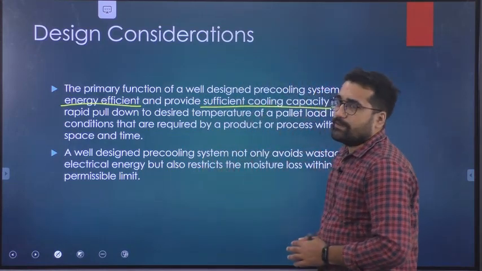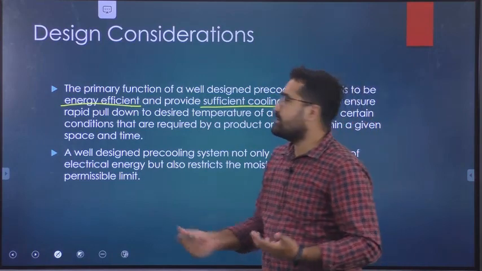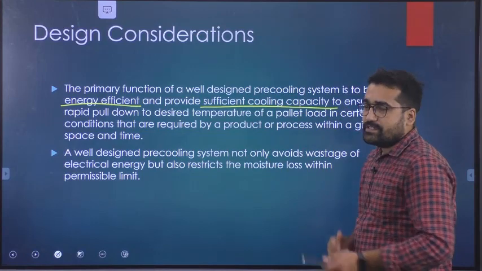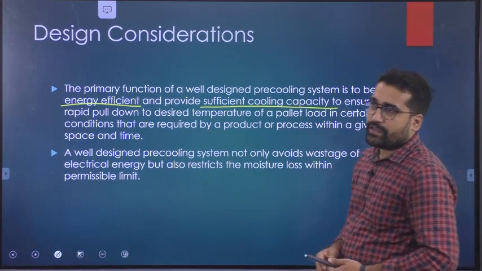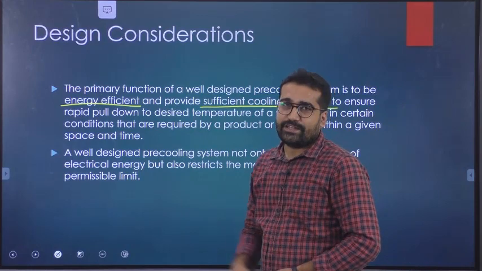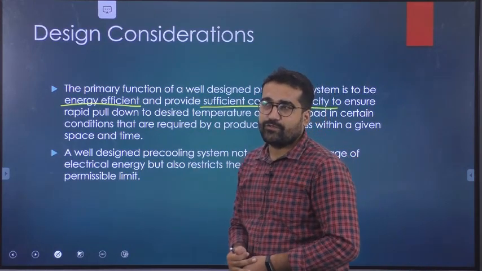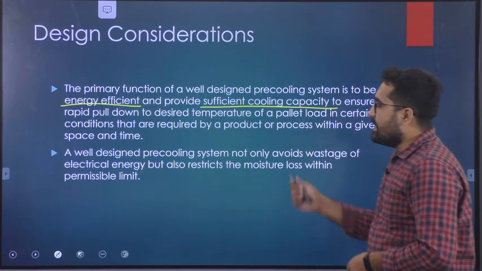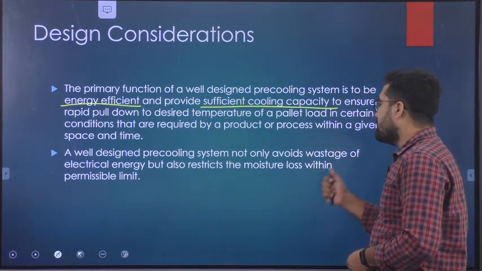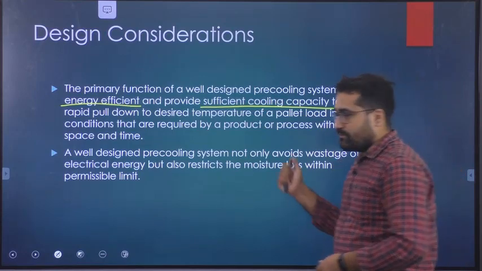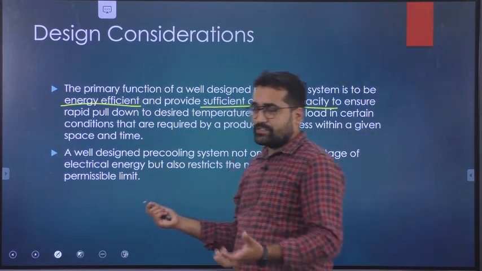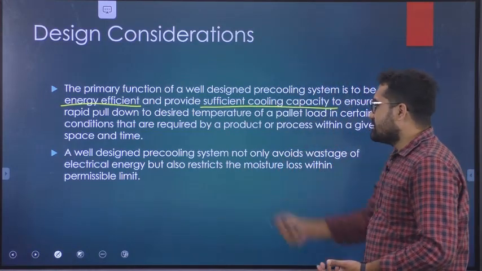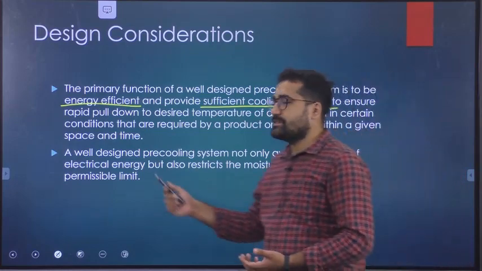Here the primary function is that whatever system we opt for should be energy efficient before designing it, and it should provide a sufficient amount of cooling. If the system is not efficient and not providing sufficient cooling, then it is useless to us, and we have to redesign it. A well-designed pre-cooling system not only avoids wastage of electrical energy, because generally we use electrical energy for pre-cooling, but it also restricts moisture losses within the permissible limit.